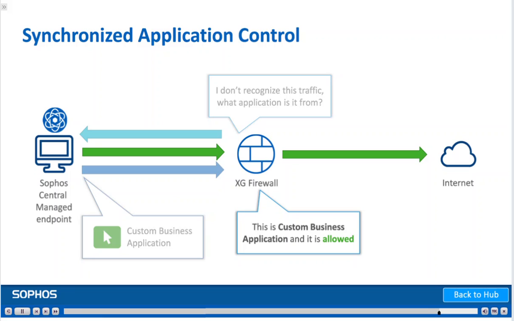Synchronized security, including synchronized application control, is now also supported in Discover mode for providing enhanced visibility without enforcement. Note, synchronized application control is not supported in active-active high availability deployments.